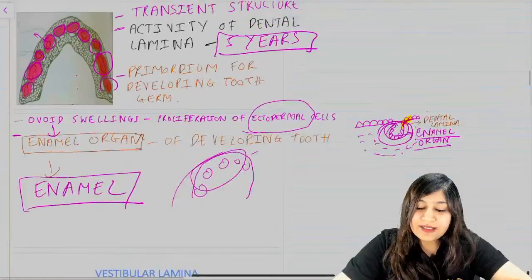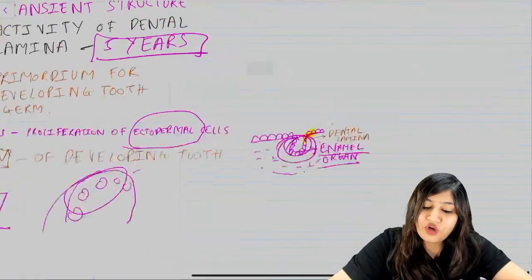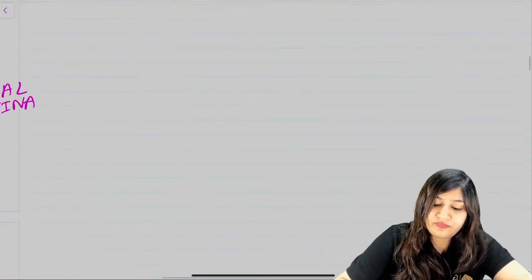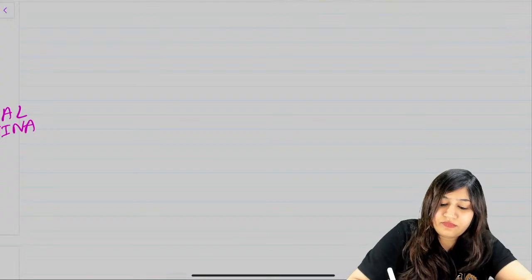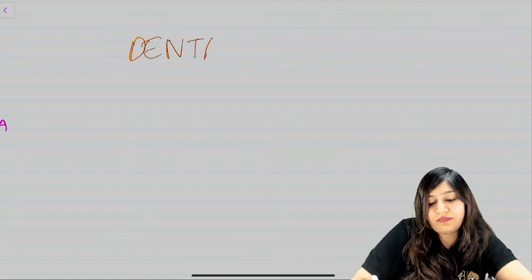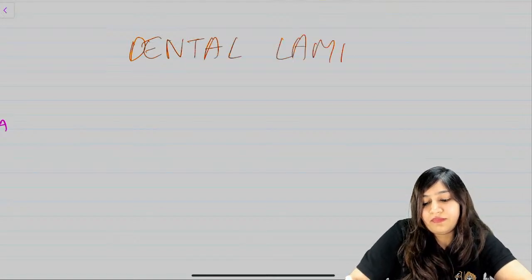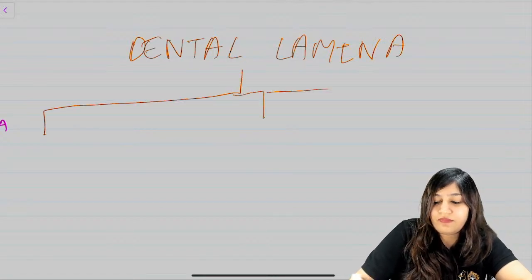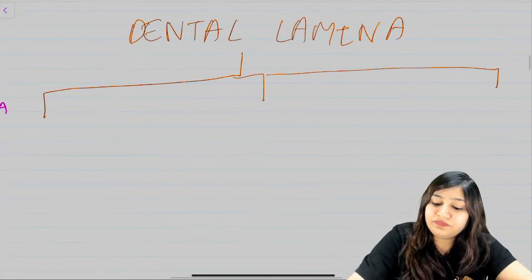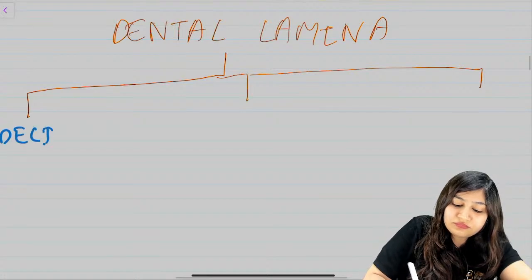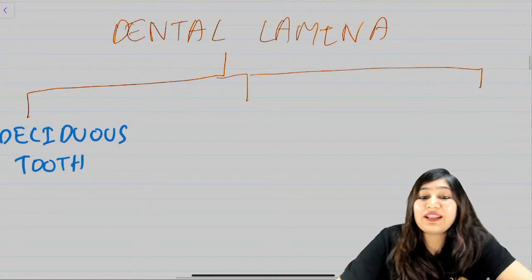So dental lamina is basically involved in the formation of deciduous tooth and permanent tooth.